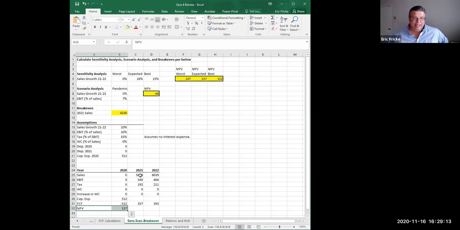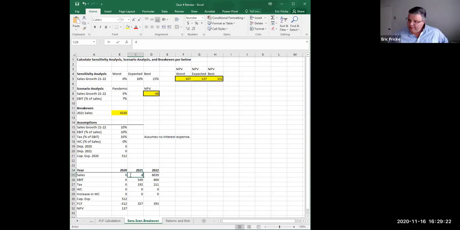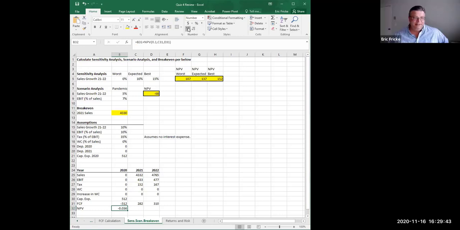And what I do is I do that by changing our sales number here the first year. So if I put in 4332, what Timothy got with GoalSeek, that should give me NPV of 0 right here. So just watch that. Now if we increase the number of significant digits, see, it's not perfectly 0.